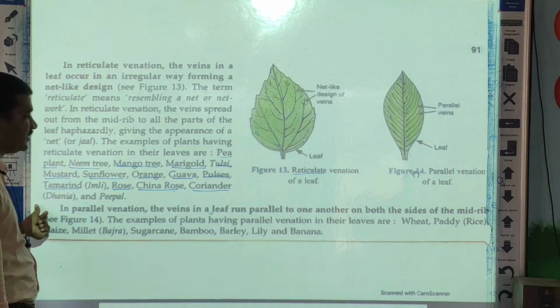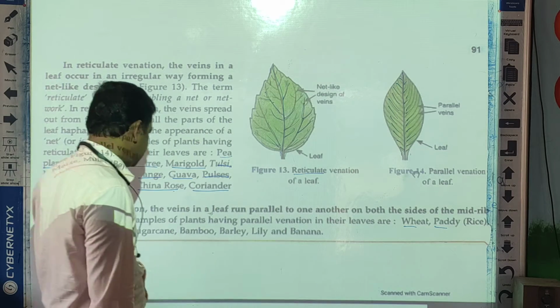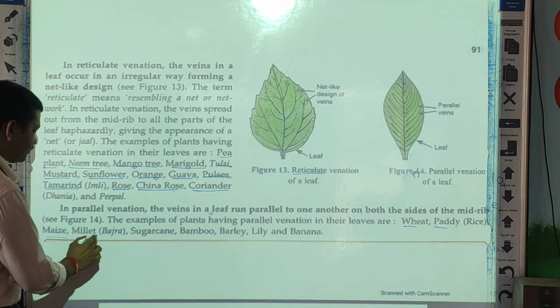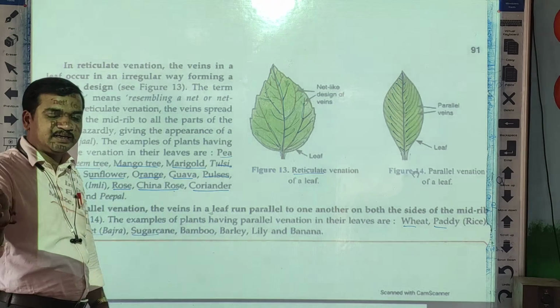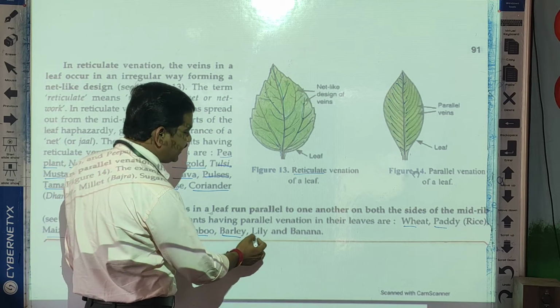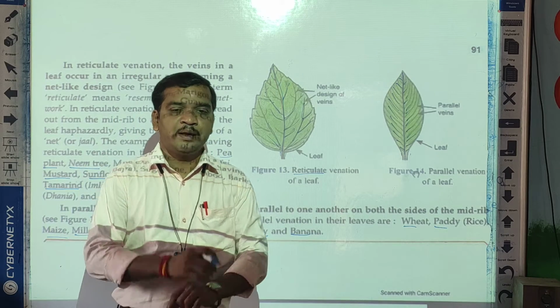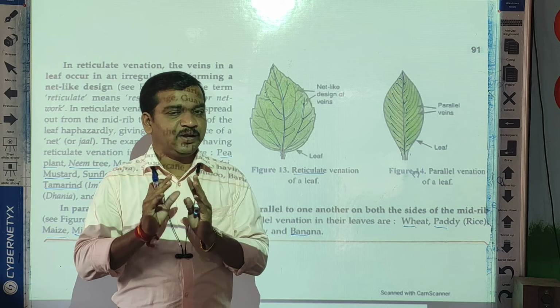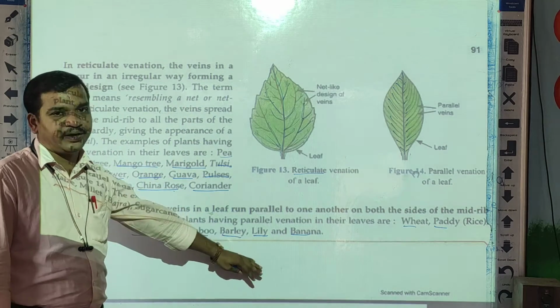Examples of parallel venation are wheat, paddy or rice, maize, bajra, sugar cane. Do you know the leaf of sugar cane? Yes, narrow, ribbon-like. Also bamboo, barley, lily and banana. So these are examples of parallel type of venation.